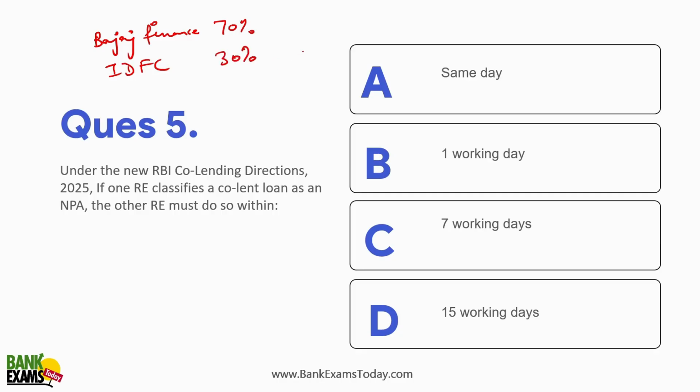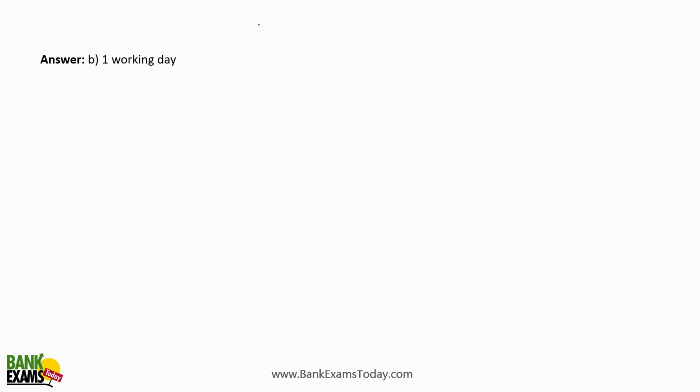So that loan goes NPA and IDFC classifies that loan as NPA. Within how many days should Bajaj Finance classify the loan as NPA? Bajaj Finance has only 1 day to classify the same loan as NPA because this is the same book, same loan. Bajaj Finance sponsored 70% of the funds, IDFC sponsored 30% of the loan, right?